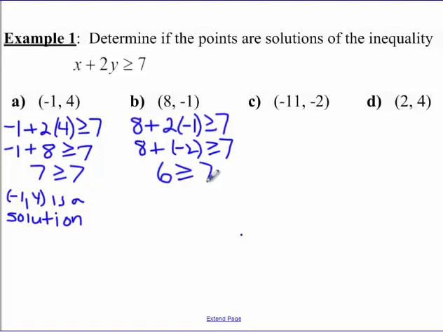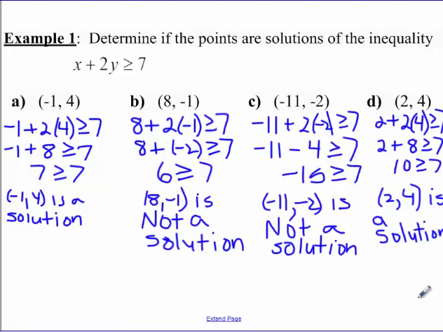So the point (8, -1) is not a solution. So of the four ordered pairs, 2 of them are solutions to this inequality. A is a solution, and D is a solution.